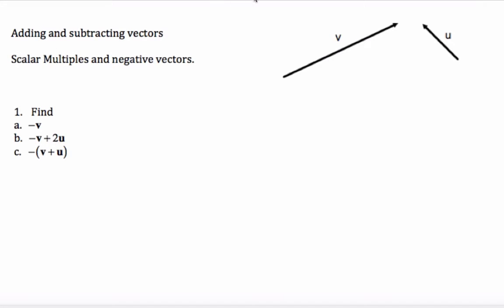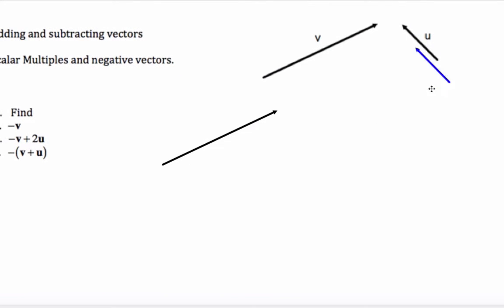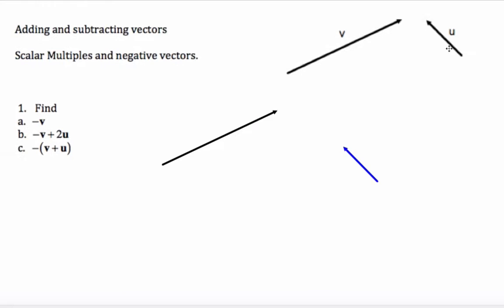Okay, so let's move along here. And so we can take vectors, and we can add and subtract vectors. And so if I take u and v, here's v. We'll make v black, and we'll make u blue. If I want to find negative, well, what I can do with vectors, I can take vectors, and this is still vector v, because it has the same length and magnitude. This is still vector u, same length and magnitude.